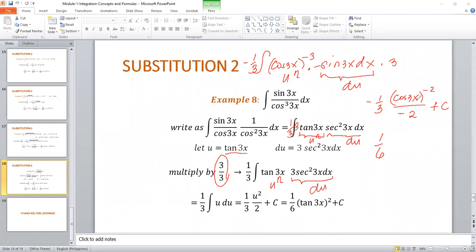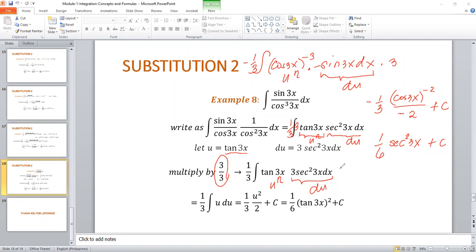Cosine cube, or rather cosine 3x is, what is this? Secant squared 3x, right? So another way of getting the integral of this expression here is this one. 1/6 secant squared 3x plus c.